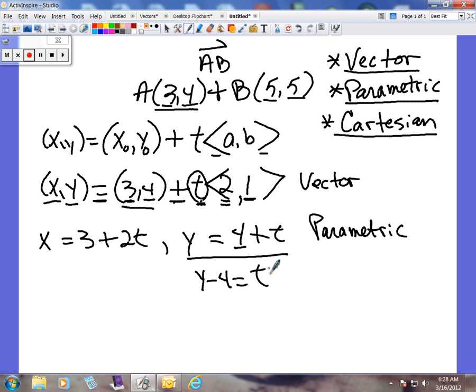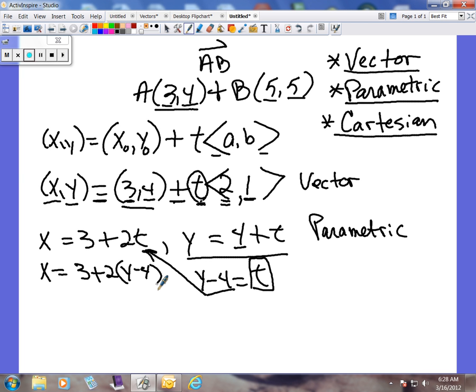Now, the reason we did that, once you've solved for a variable, we can substitute this in for t in the other equation, therefore eliminating the t's so that we have only x and y's. So let's plug that in, and we would have x equals 3 plus 2 parentheses y minus 4.